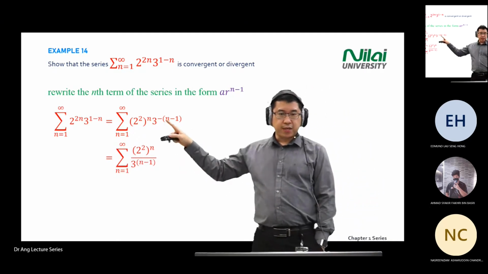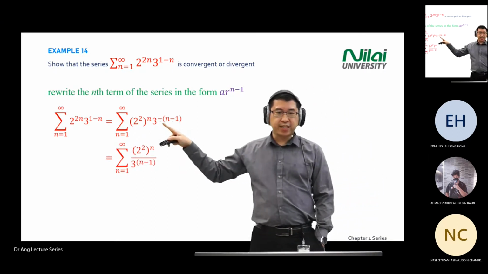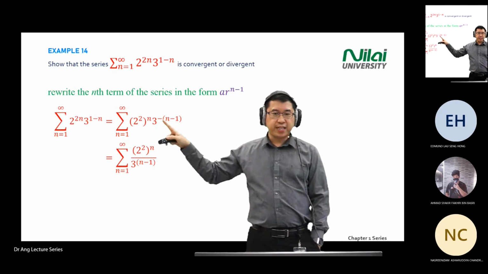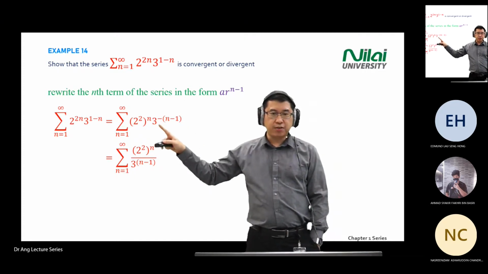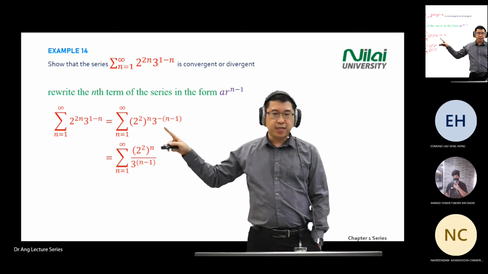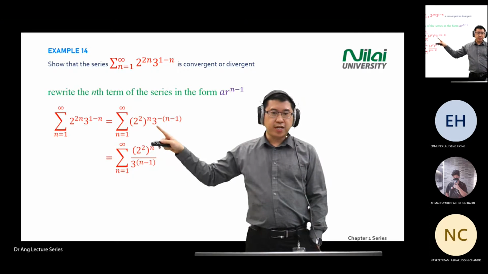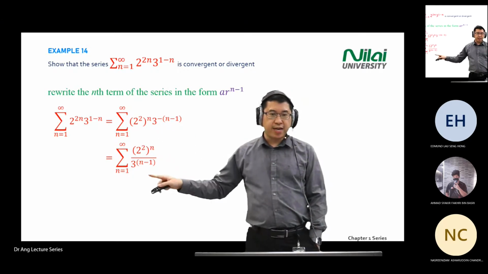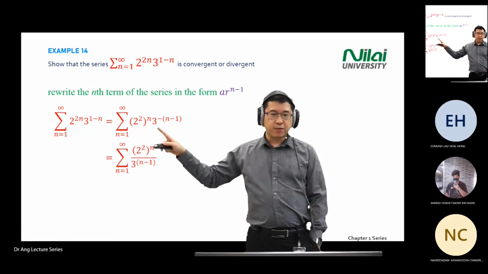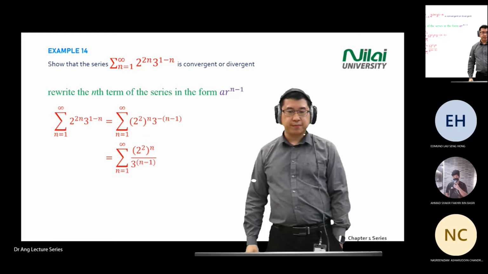Every time you have an exponential with a negative power, it means a divide. So you rewrite 3 power negative n minus 1 as a division number, divide with this one.